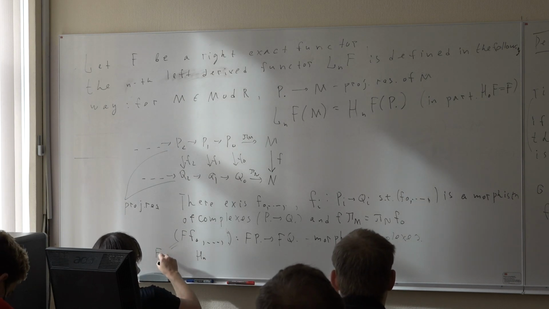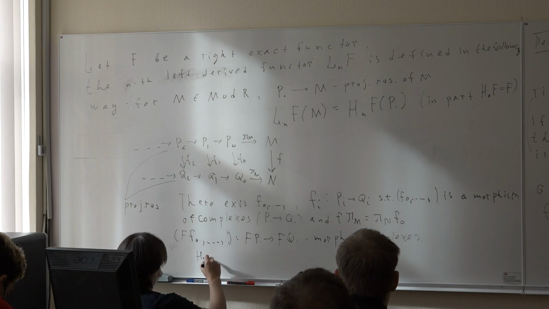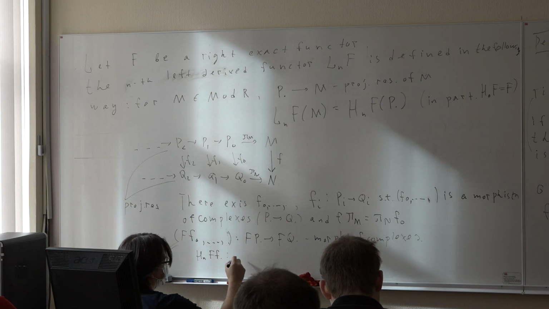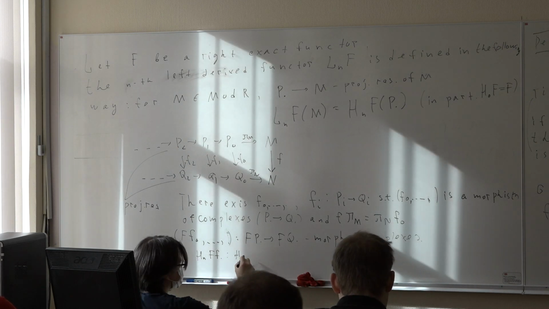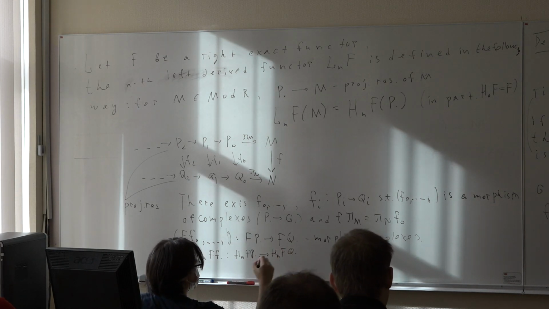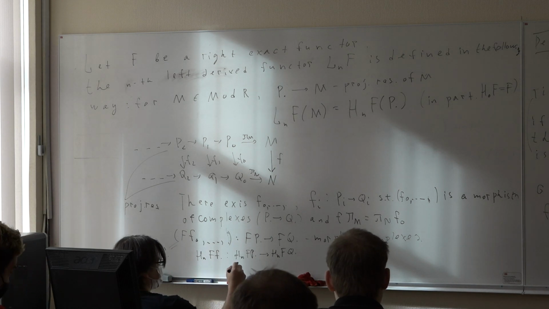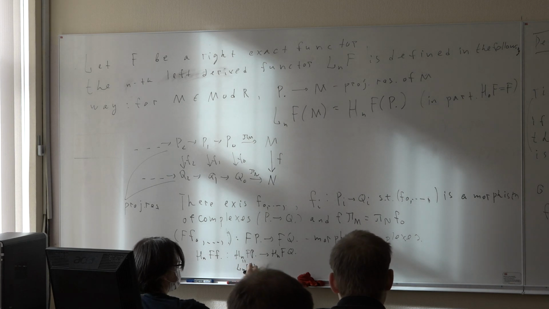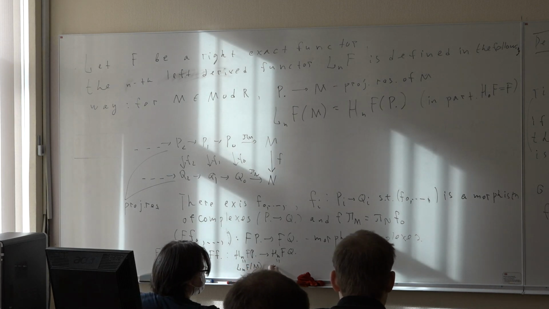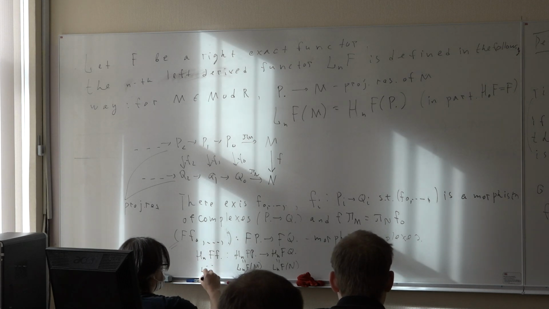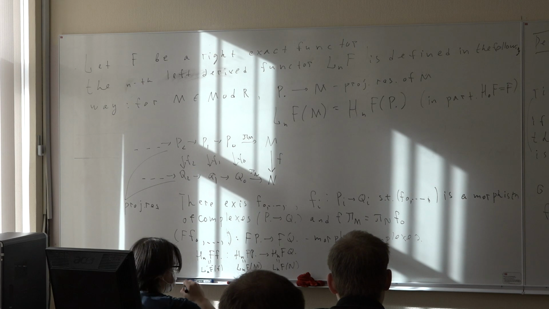So let us denote it L_m f, from H_m f P dot to H_m f Q dot, and since this is by definition H_m of f, this is L_n f of f, so we define L_n f of f in this way.